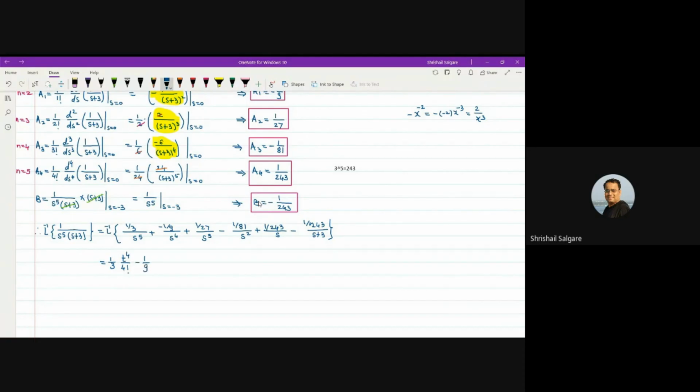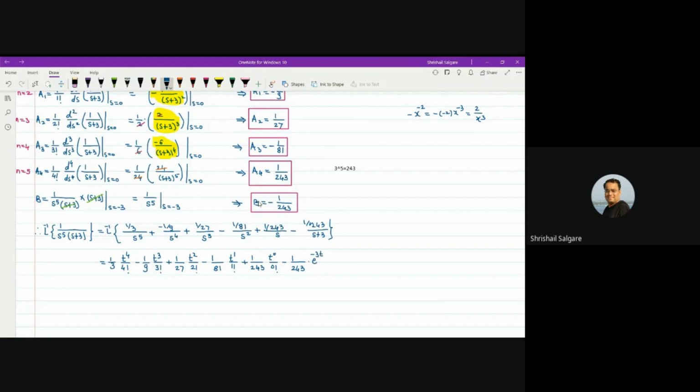Minus 1 upon 9 into t raised to 3 divided by 3 factorial plus 1 upon 27 into t raised to 2 divided by 2 factorial minus 1 upon 81 into t raised to 1 divided by 1 factorial plus 1 upon 243 into t raised to 0 divided by 0 factorial, or L inverse of 1 upon s plus 3, that also you can write as 1 upon 243 into e to the power minus 3t.